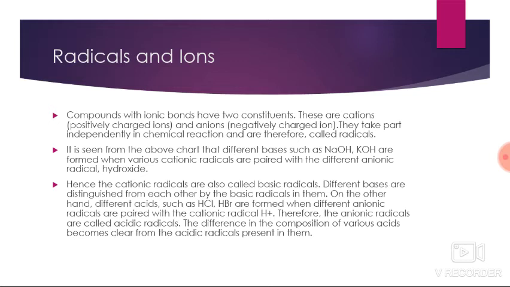The difference in the composition of various acids becomes clear from the acidic radicals present in them. So the positively charged cations are also called basic radicals, and the negatively charged anions are also called acidic radicals. Remember them, they are very important.